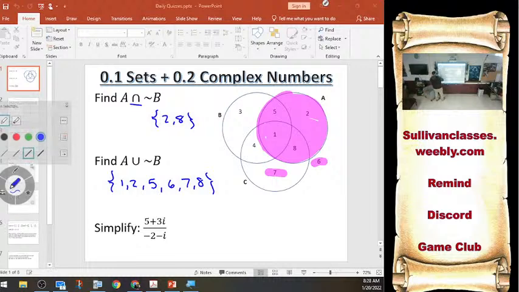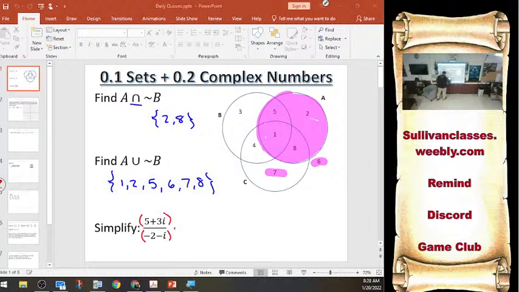And then simplifying complex numbers. Multiply by the conjugate. -2 plus i. Remember, don't change the sign on the 2. It's always you change the sign in between. That's what makes it a conjugate. And -2 plus i.